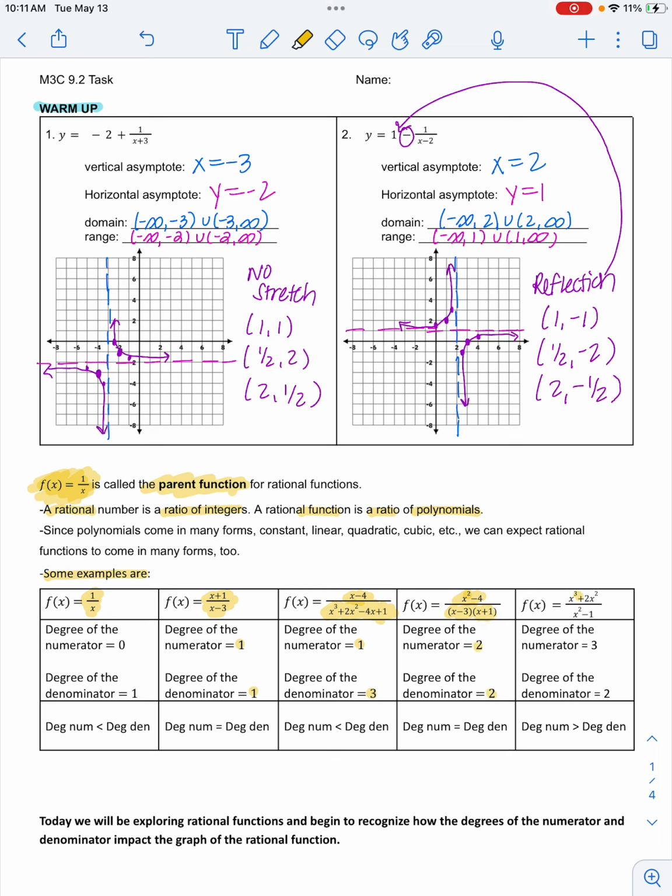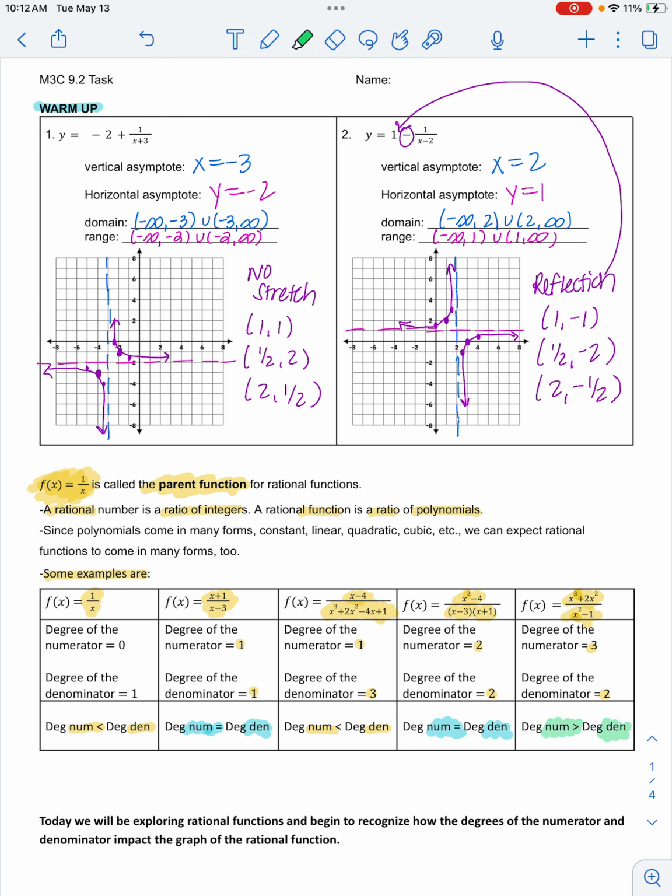Sometimes we can have the numerator degree bigger than the denominator degree. So we have lots of different examples. Sometimes the numerator is smaller than the denominator in these 2 instances, and then sometimes the degree equals each other in the numerator and denominator in these 2 examples. And then sometimes we even have the degree in the numerator bigger than the denominator.